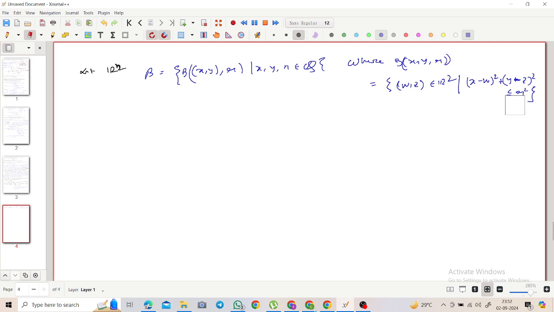Okay, so this is a ball at (x, y) of radius r. I have taken x, y, r everything to be rational. Well, you guys are having difficulty to understand it, but as far as I recall, I gave you an exercise in Munkres to prove that these sets actually form a basis of R2. What about that?